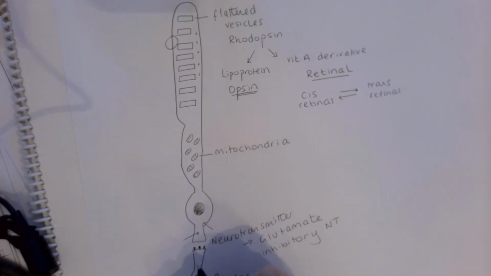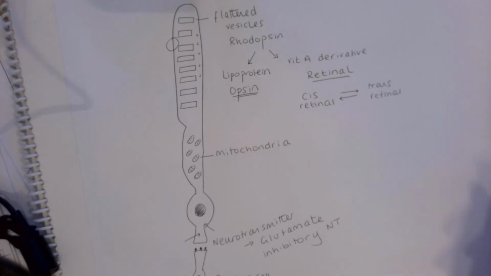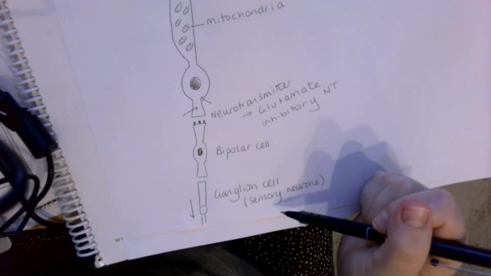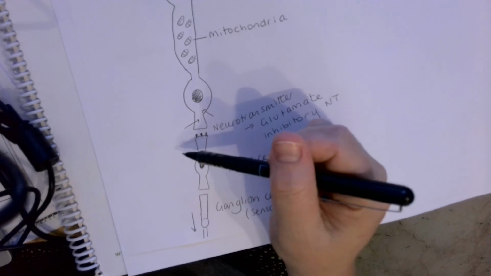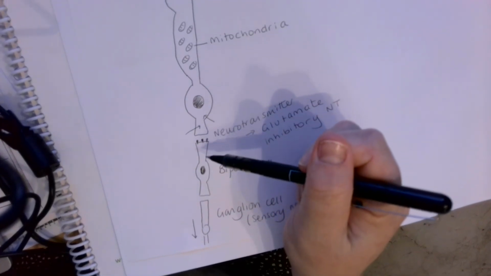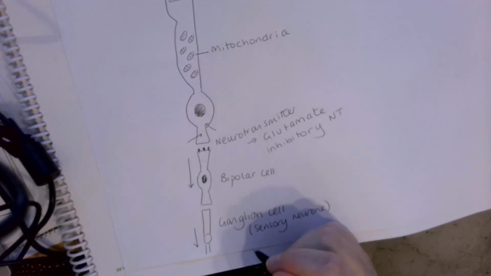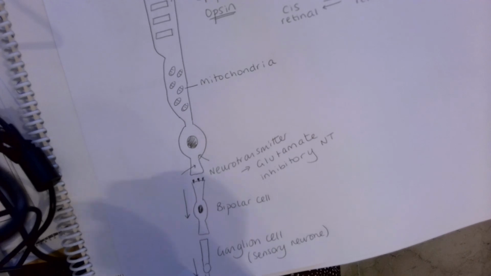Because it's inhibitory, it's going to stop any action potential being passed down that bipolar cell, and hence no signal is going to be passed to the ganglion cell either. Literally, because it's inhibitory, it's stopping any action potential being generated and passed down to the optic nerve. And this is what continually occurs during the dark.